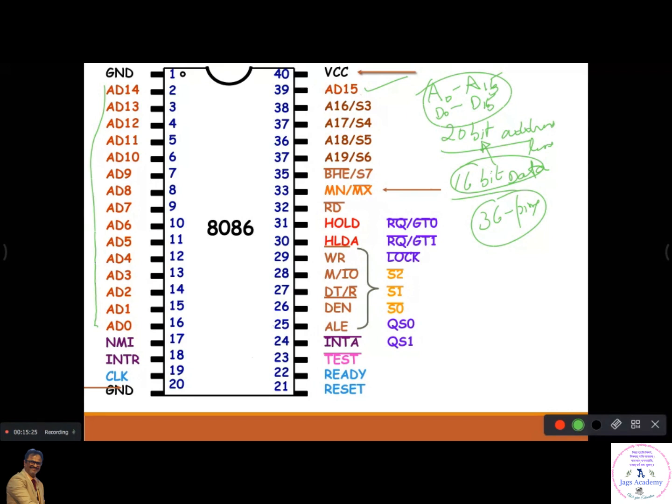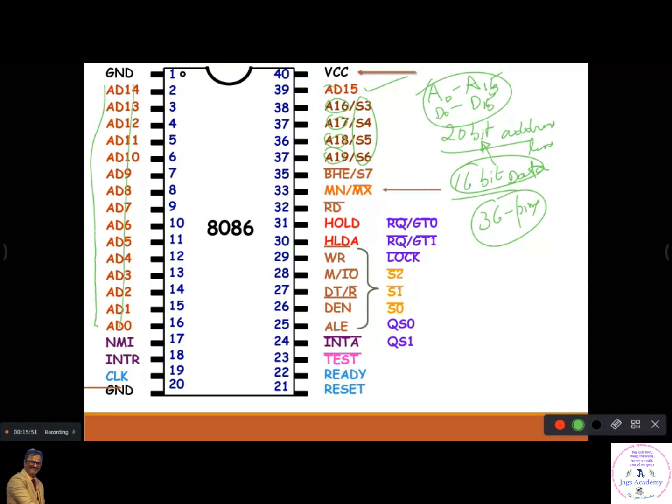And that is also multiplexed. Can you see here? Your data is only 16 lines. Once it is finished, you can see your 16th, 17th, 18th and 19th address lines are also multiplexed with some other status signal. We'll see that.